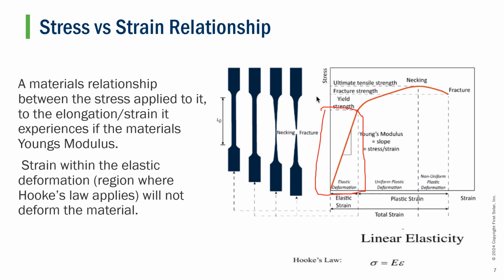And again, the strain within the elastic deformation region will not permanently deform the material, as this linear relation determined by Hooke's law applies. But going anywhere further after this elastic deformation area will result in permanent deformation of the material.